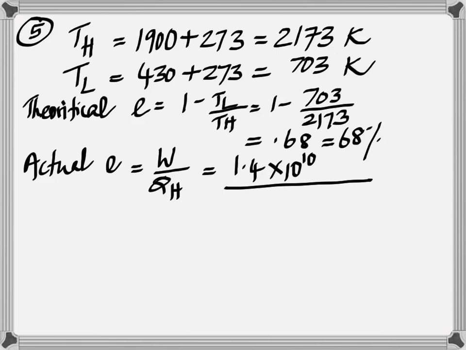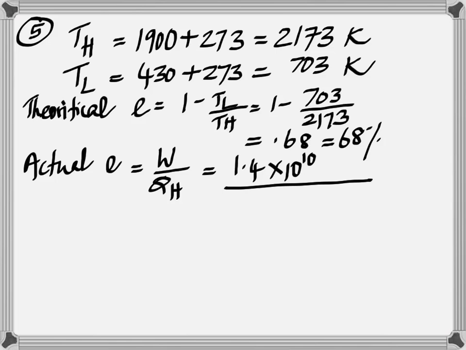It says 7 times 10 to the 9 calories produces what? Of what? Work. So isn't that the work? Yeah, that's right. Work divided by, what's the heat? What's the heat absorbed? It gave you 7 times 10 to the 9 calories.